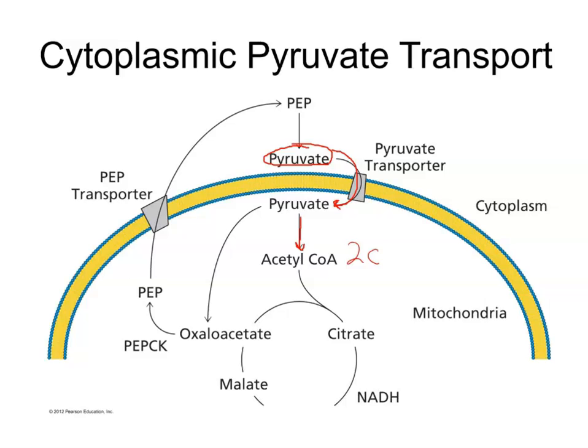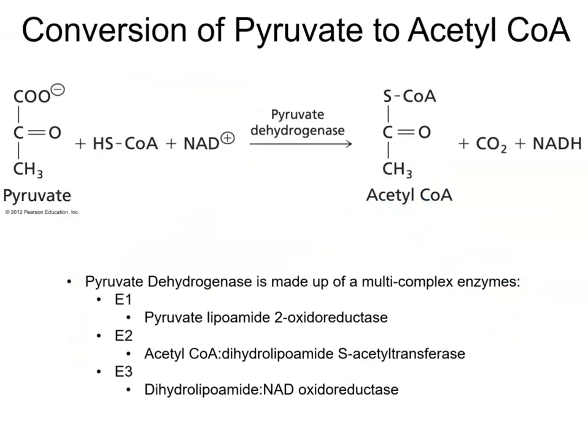So in eukaryotes, pyruvate must be transported into the mitochondria. This is the first step that happens inside the mitochondria. After pyruvate is transported inside that mitochondrial organelle, we have the carboxylic acid here on top, a ketone here in the middle, and a methyl group on the bottom.